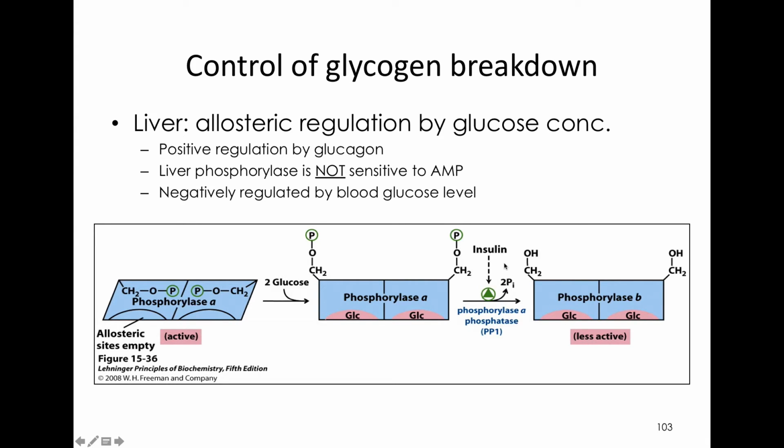When the body is starved, the body will produce glucagon or epinephrine to stimulate glycogen breakdown to make more glucose. But as glucose accumulates, insulin will in turn get into action. Insulin will tell the body, hey, there is now so much glucose, we need to stop producing glucose. So insulin is going to stop the action of phosphorylase through the PP1 enzyme, stopping the breakdown of glycogen, and instead making more glycogen.